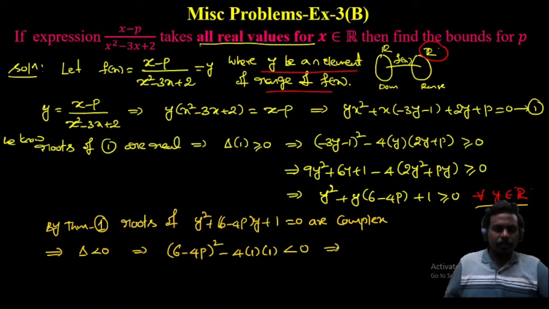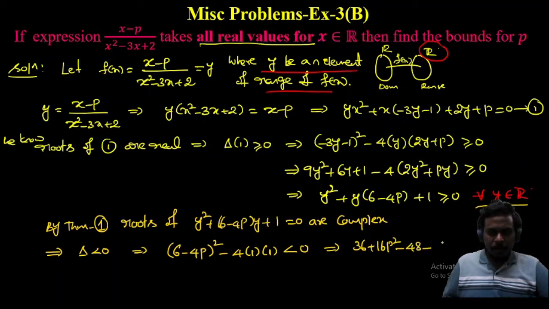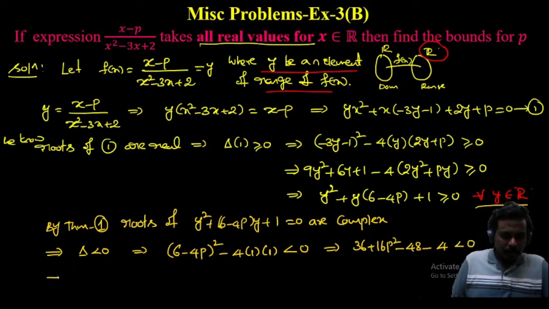So this implies 6 minus 4p whole square is 36 plus 16p square minus 2 into 4 into 6, that is 48, minus 4 is less than 0. So this implies 16p square.